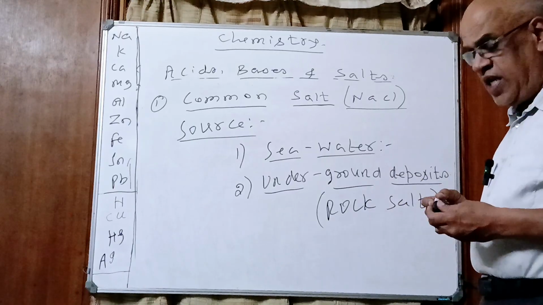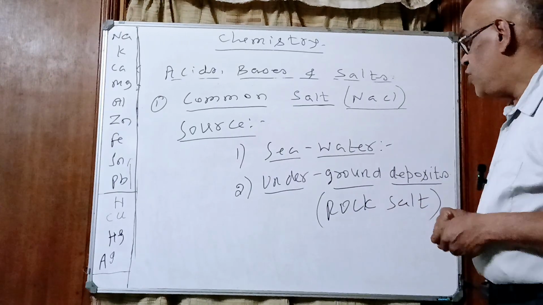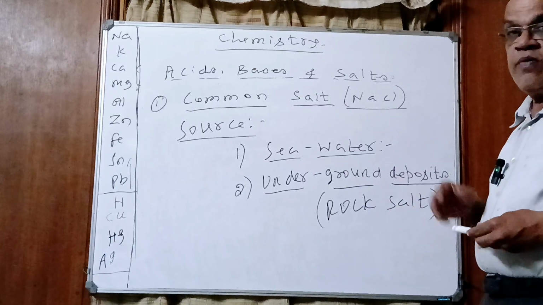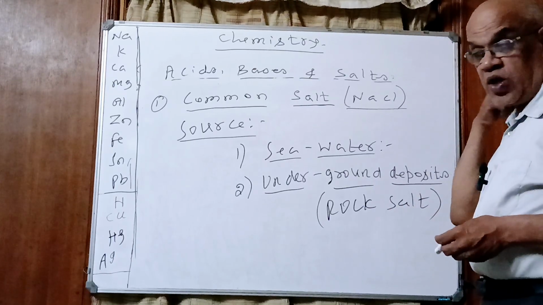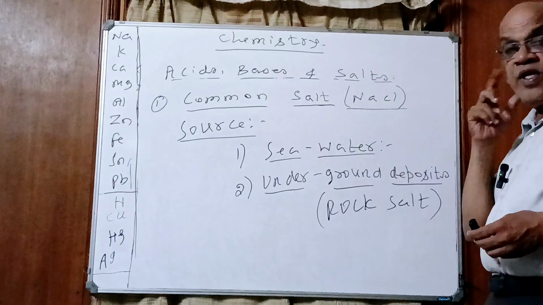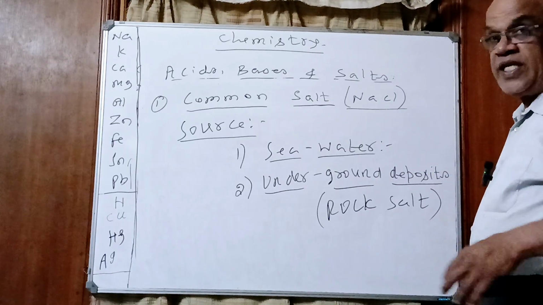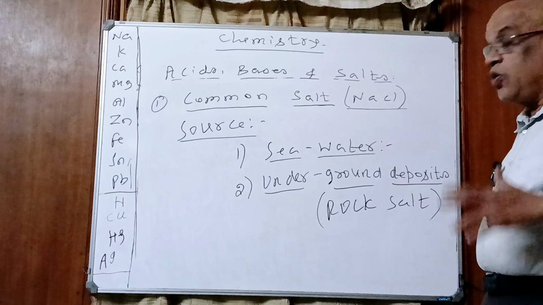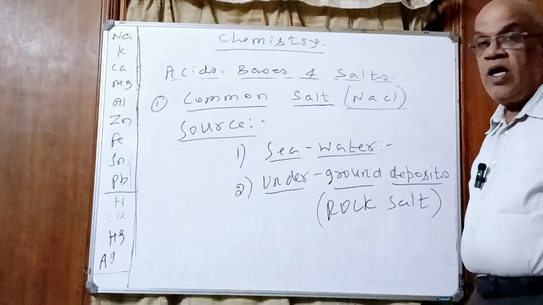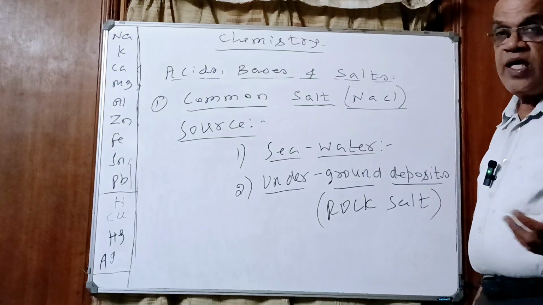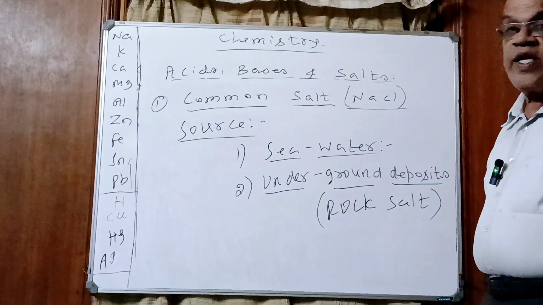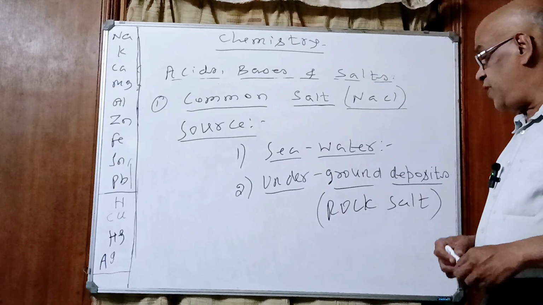Rock salt is formed under the ground by the drying of what? Ancient seas, thousands of years ago. Rock salt is not formed overnight, children, or within a few months or years. It is because of the drying of seas thousands of years ago.